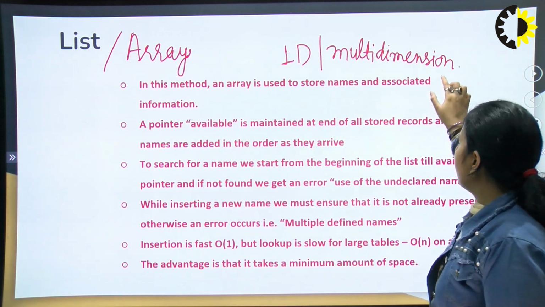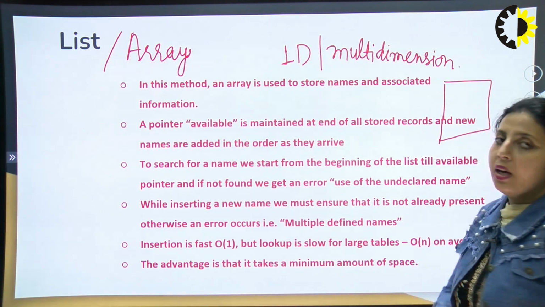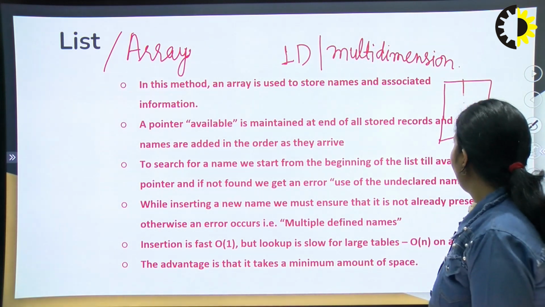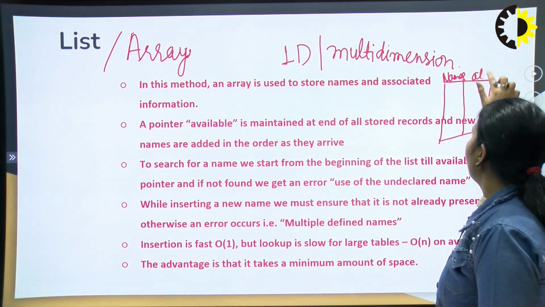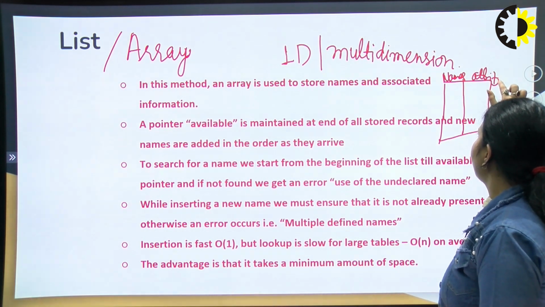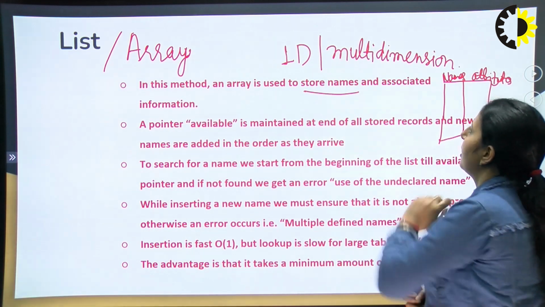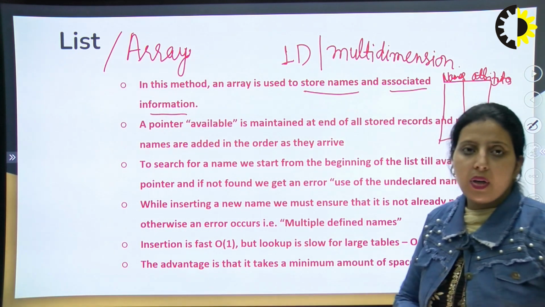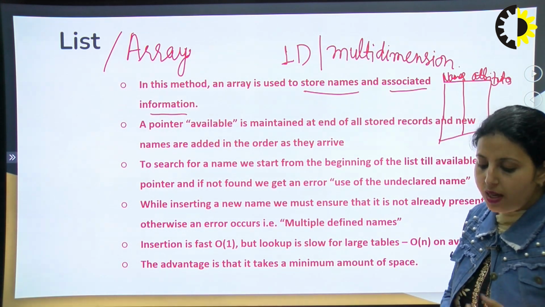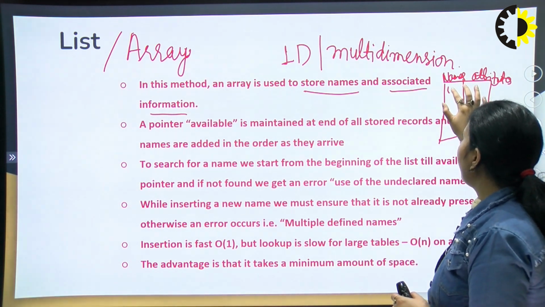Suppose we have created a symbol table with names and their attributes. In the array, we store names and associated information. Suppose there is an identifier ID1.